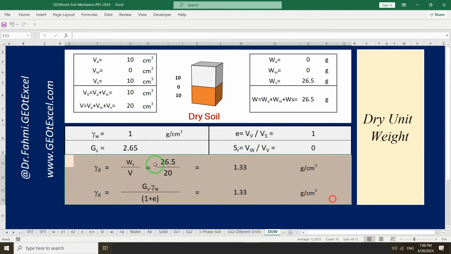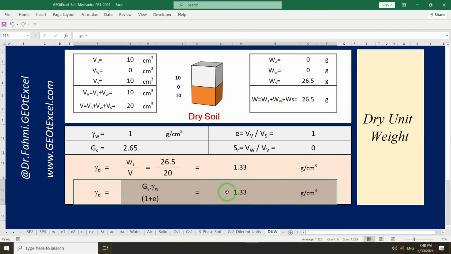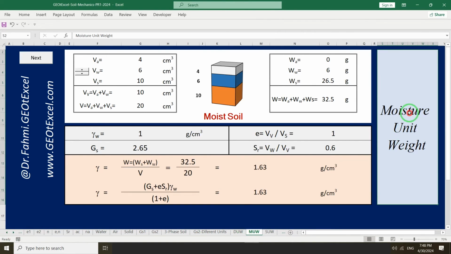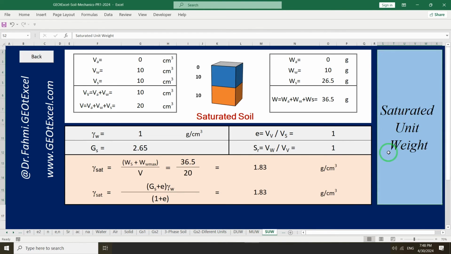Two important equations. Moisture unit weight, two equations, and saturated unit weight.